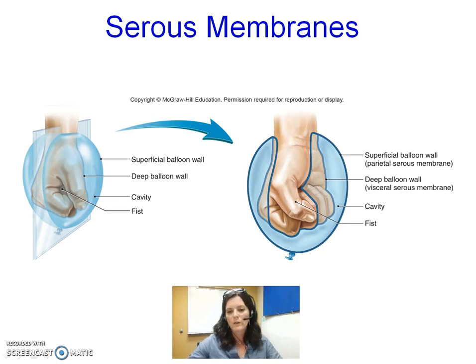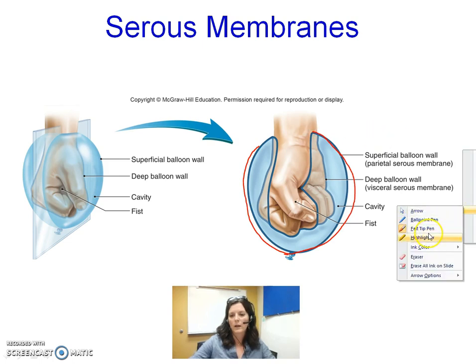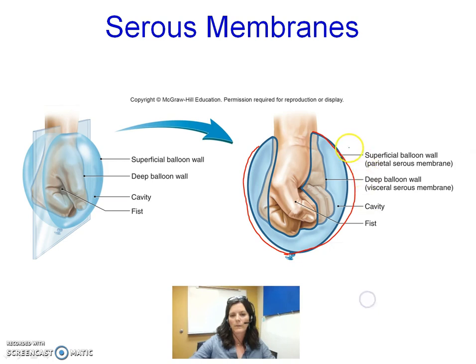One of the important things we have to talk about in relation to these cavities, particularly we're talking about the ventral cavity, which was the front or the anterior portion of the body. All of these cavities have a very specific set of membranes, and these membranes are double-layered membranes called serous membranes. These serous membranes have an outer layer here that forms the outside of the cavity, but then continuous with that, let me just change my color so you can see what I'm talking about better.